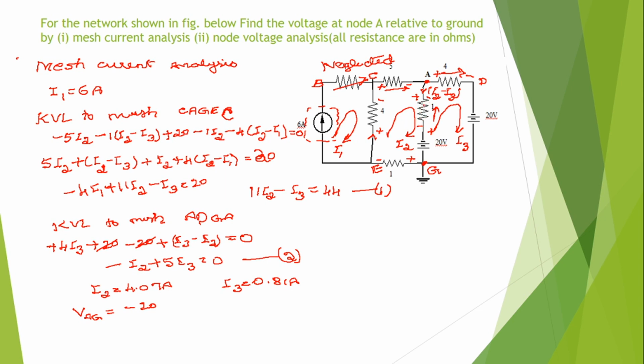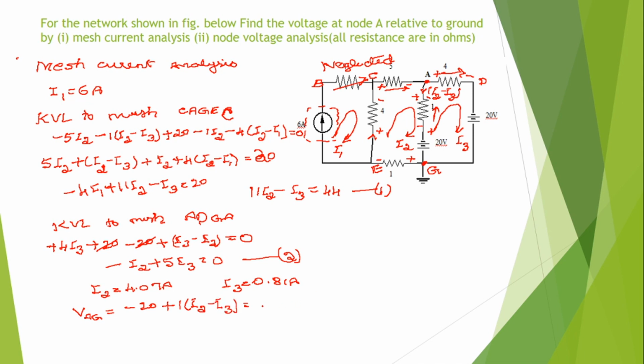In this branch, I can consider any current, I2 minus I3 or I3 minus I2. Now if I consider I2 minus I3, what happens to this? This is the higher potential, this is the lower potential, I2 minus I3. So in this path, the voltage is rising. So in the equation, minus 20 plus 1 into I2 minus I3.